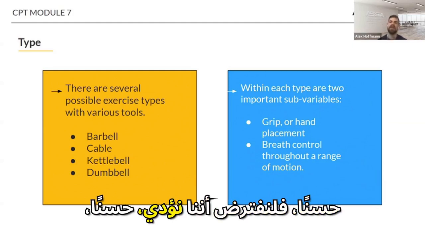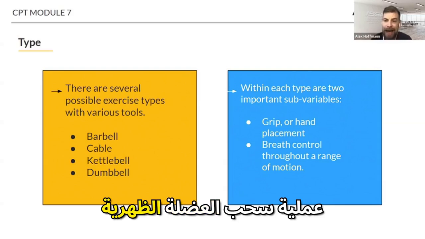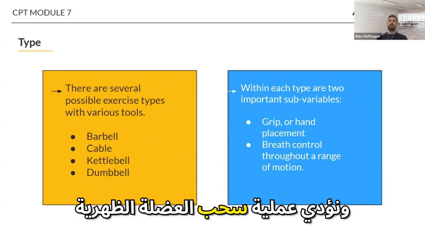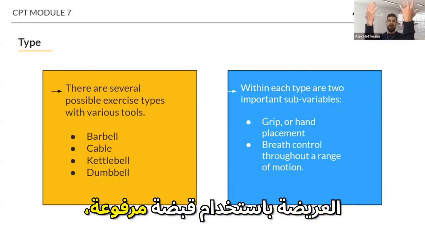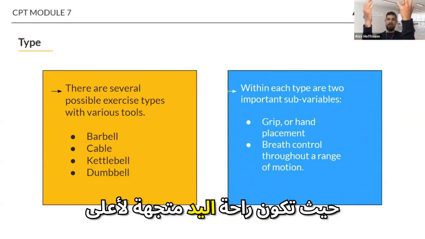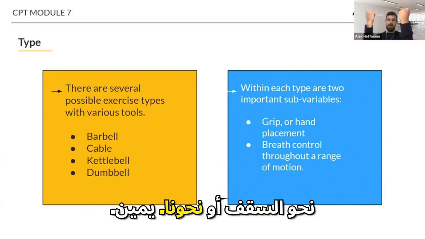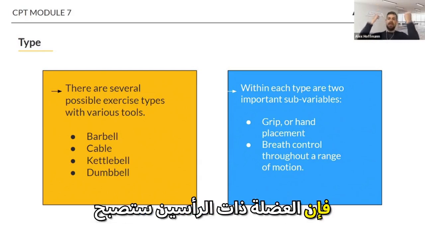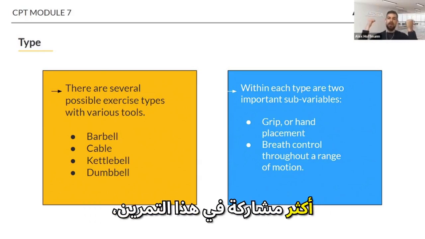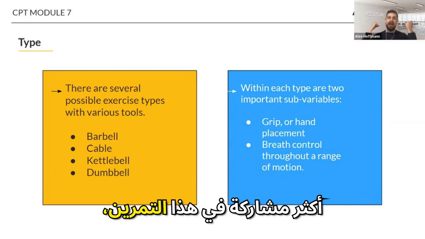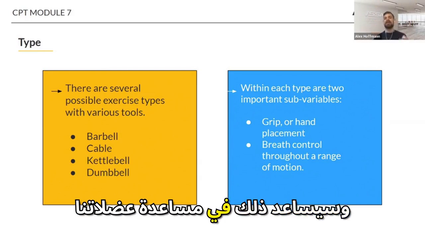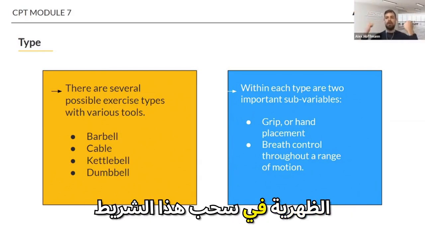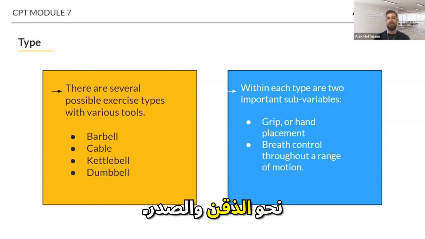Say we are performing a lat pulldown and we perform it with a supinated grip, which is the palms facing up toward the ceiling or towards us, right? If we do that, the bicep is going to become a little bit more engaged in that exercise and is going to help to assist our lats with pulling that bar towards our chin and chest.